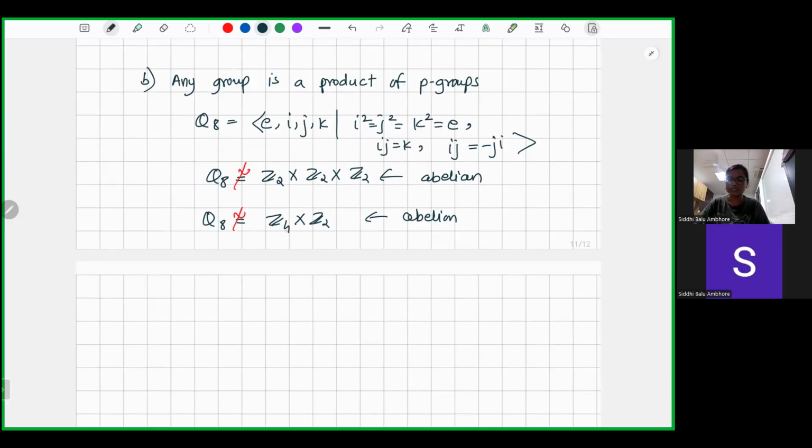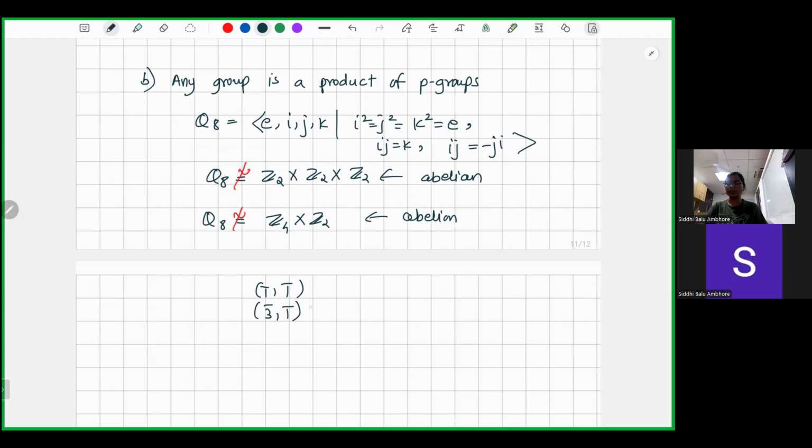In here also, Z4 cross Z2, I have any element of order... there are four elements of order 4 here. One bar, 3 bar, 1 bar.